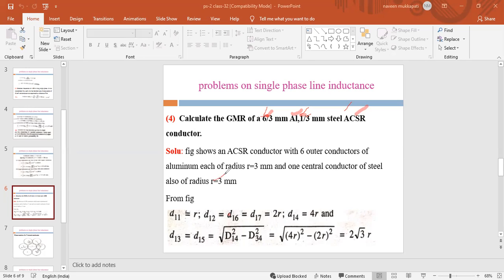From the figure, D11 is equal to R. And also D12, the distance from 1 to 1, we take as R dash. R dash means the self GMR, the geometrical mean radius.